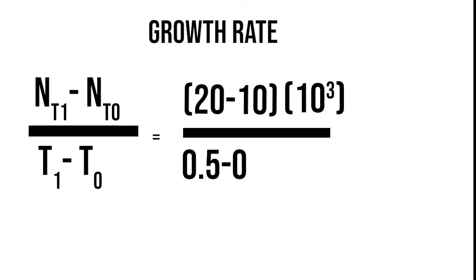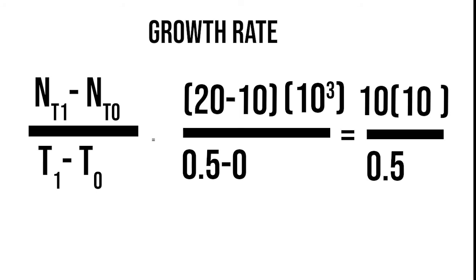So then when we multiply that out, we're going to end up with a difference between 20 times 10 to the 3 minus 10 times 10 to the 3. That's going to give us a difference of 10 times 10 to the 3, simply because 20 minus 10 is 10, and this is a like factor.